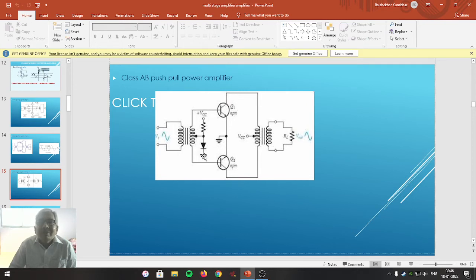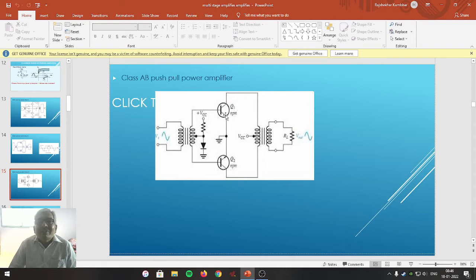Friends, this combination of R and D provides the DC bias to the base of both transistors, so that it makes the conduction of that transistor a bit early, even though the input signal has not reached the 0.3 volt or 0.6 volt point. That is done by means of the combination of this resistance and diode, which is connected to the center tapping of the secondary of the input transformer or driver transformer, to the base of both transistors.